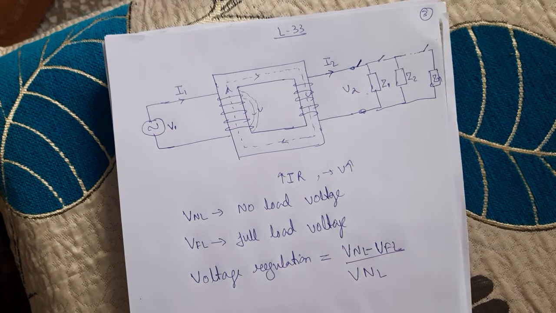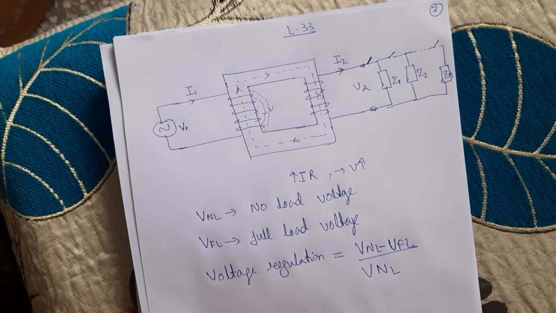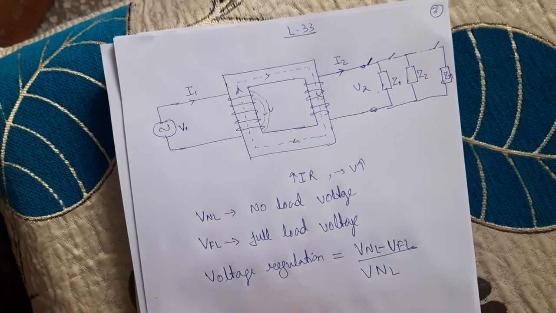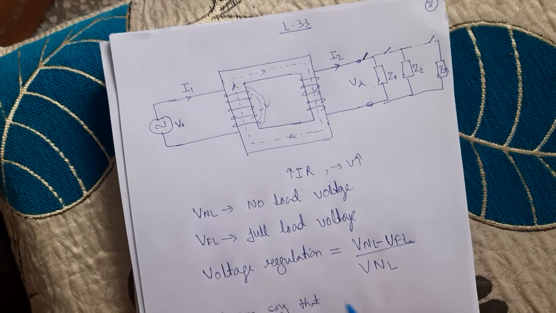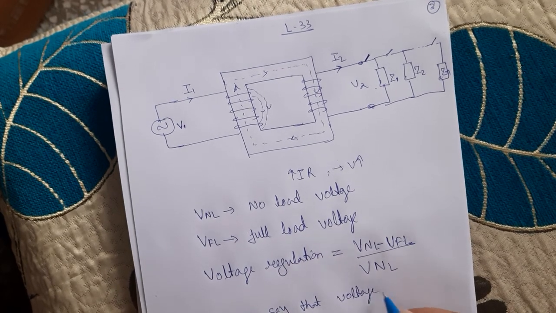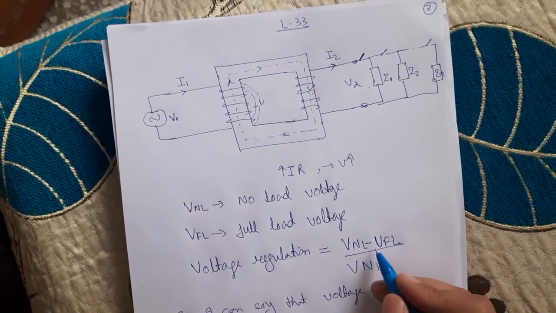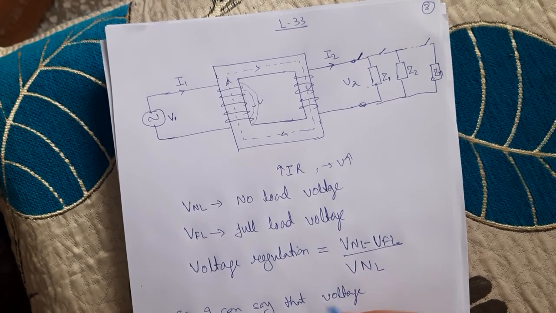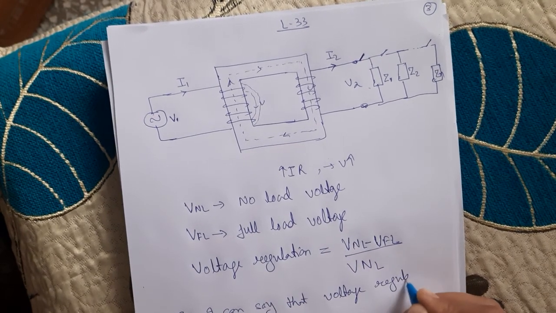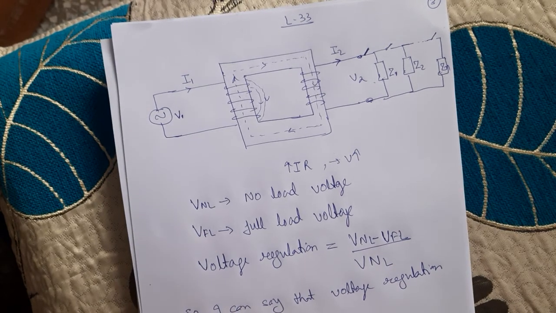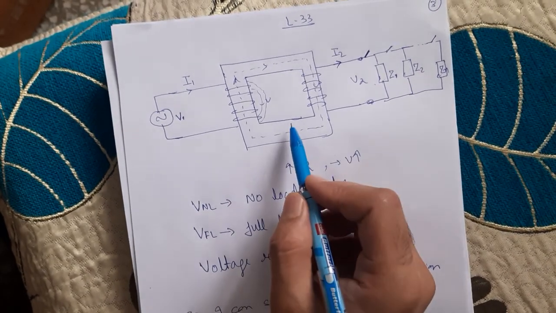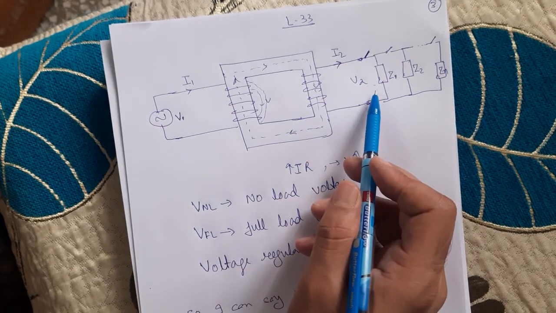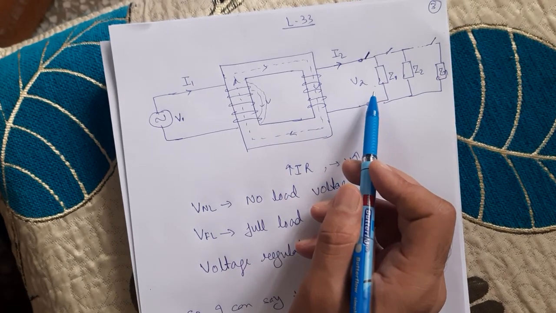So what we do, we are saying that voltage regulation means change in voltage should be very small. So voltage regulation should be small. If voltage regulation is small, it will show how well this transformer is maintaining the secondary voltage or its output voltage.